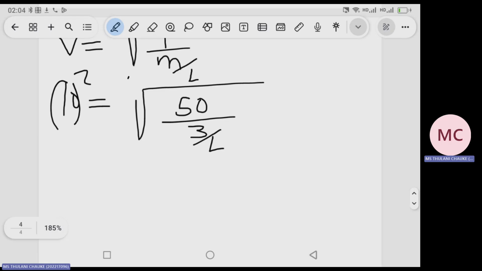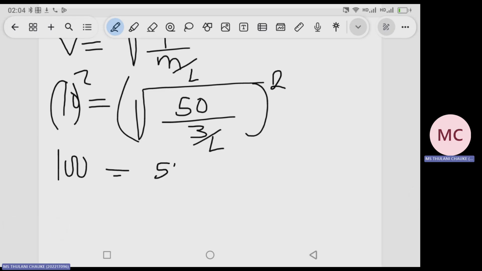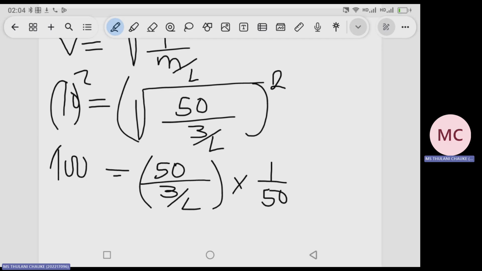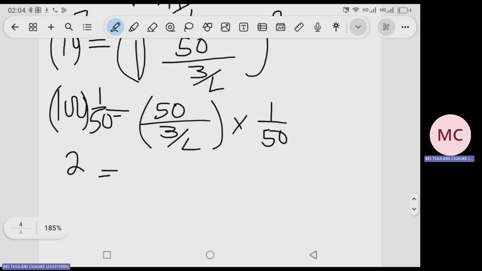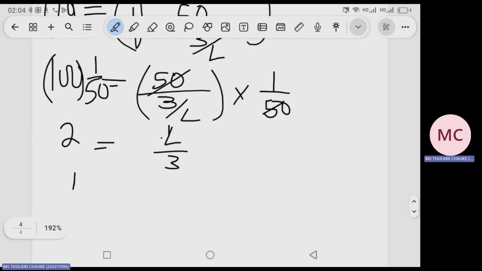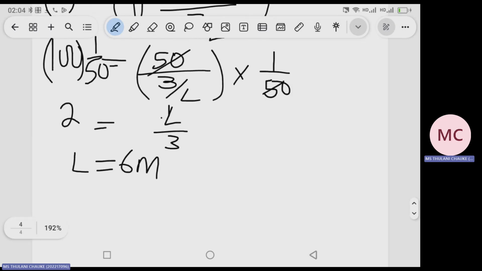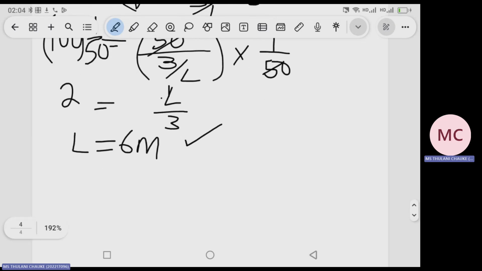Then I'll square both sides, and here we have 100 equal to 150 divided by 3 over L. Then I will multiply both sides by 1 over 50. And here we have 2 being equal to L over 3. Then the length will be 6 meters, right, of our string. Then you get your marks.